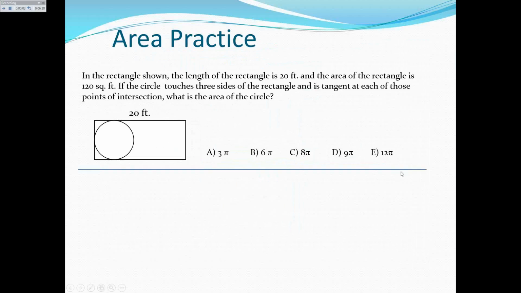Another problem. In the rectangle shown, the length of the rectangle is 20, and the area of the rectangle is 120 square feet. If the circle touches 3 sides of the rectangle and is tangent at each of those points of intersection, what's the area of the circle? Well, I only know the length here. I need to know the width, right?